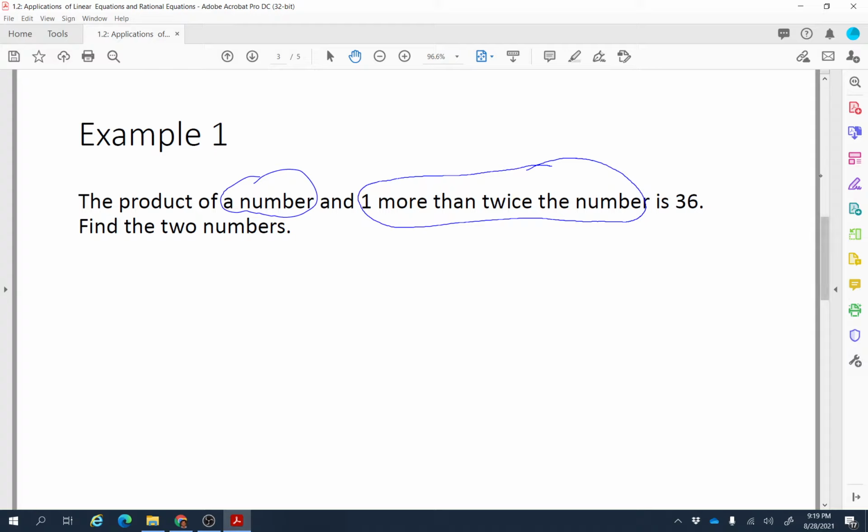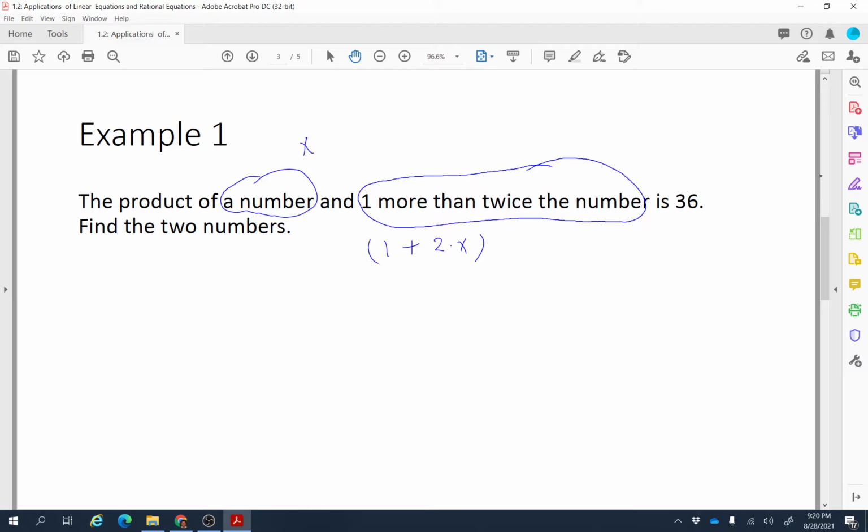We don't know the first number. So let's say the first number is x, and the second number, by using this statement we have been given, is one more than twice the number we introduced. One more than means plus. So the second number should be 1 plus 2x.